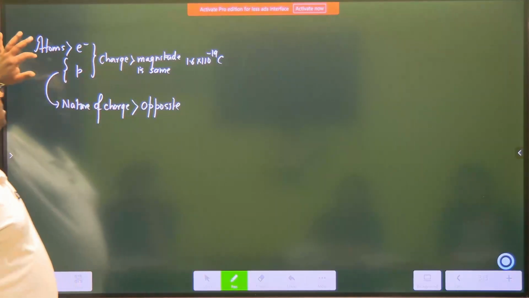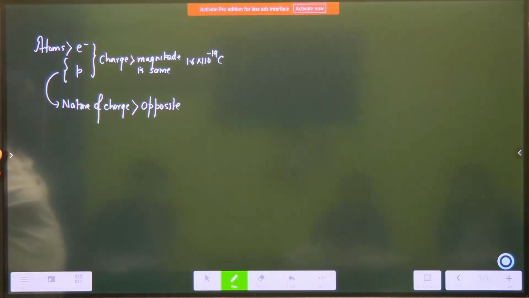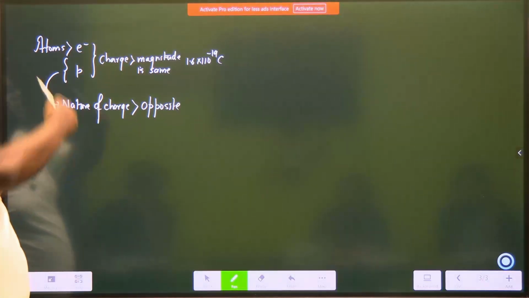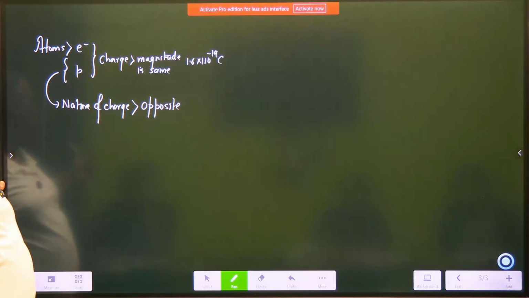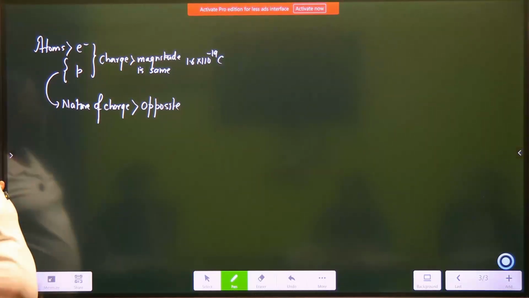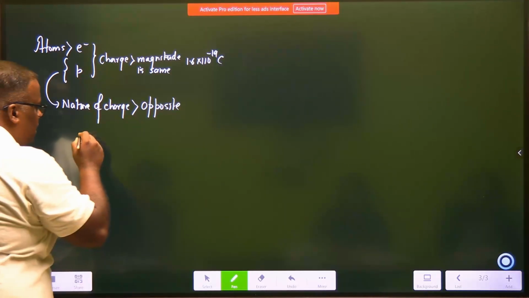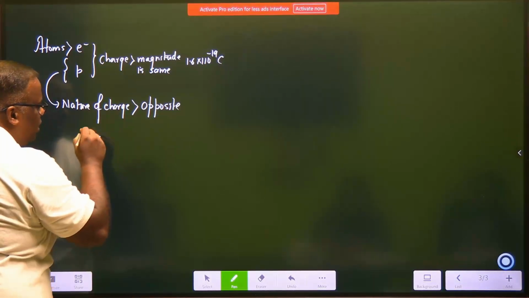Similarly, this is a subatomic particle which is also charged. This is the smallest subatomic particle in matter which you are able to charge at an atomic or subatomic level. Do you understand?